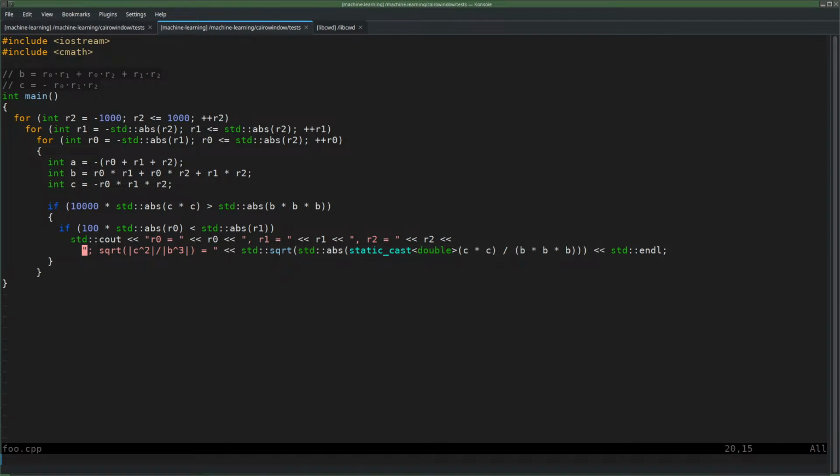This is the square root of the absolute value. Yeah, of c times c, which is an int, it fits. Cast it to a double so that we can divide it. So this is c squared divided by b cubed. Maybe this goes wrong, but even then.